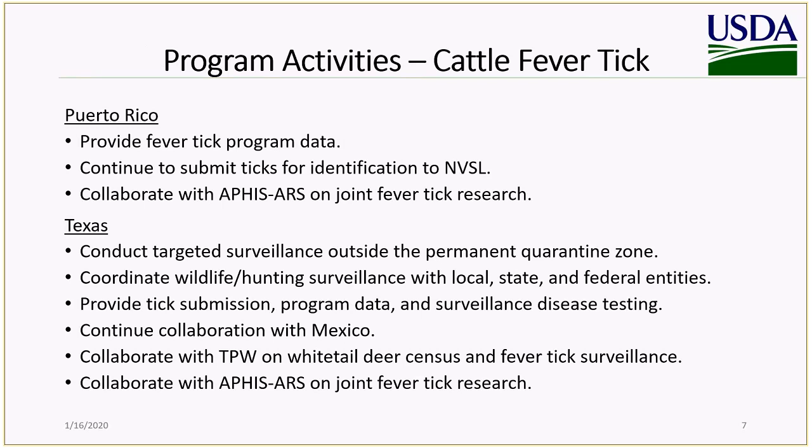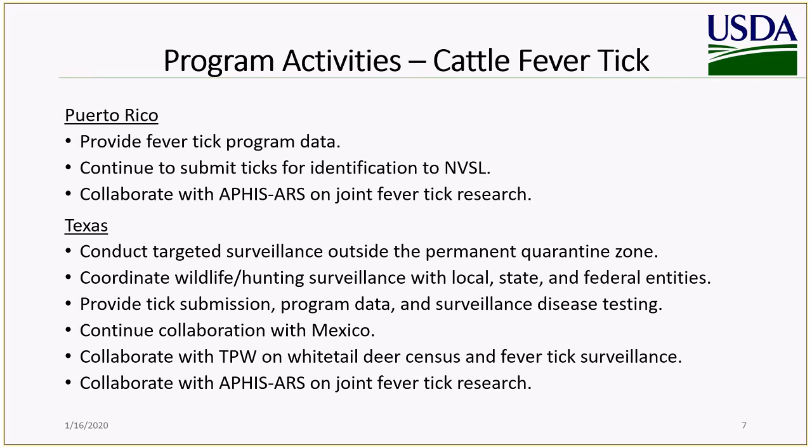For Texas, we'll continue to conduct targeted surveillance outside the permanent quarantine zone, coordinate hunting and wildlife surveillance with local, state, and federal entities, provide tick submission, again, for identification, continue collaboration with Mexico, collaborate with TPW on white-tailed deer census and fever tick surveillance, and collaborate with APHIS-ARS on joint fever tick research.